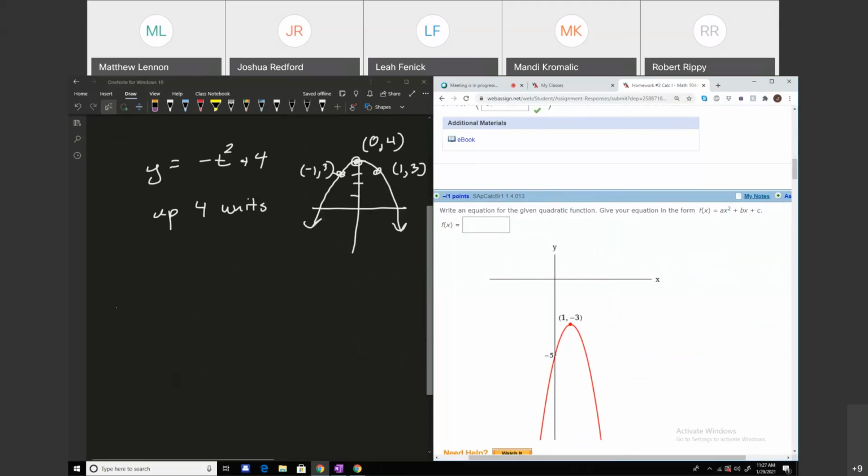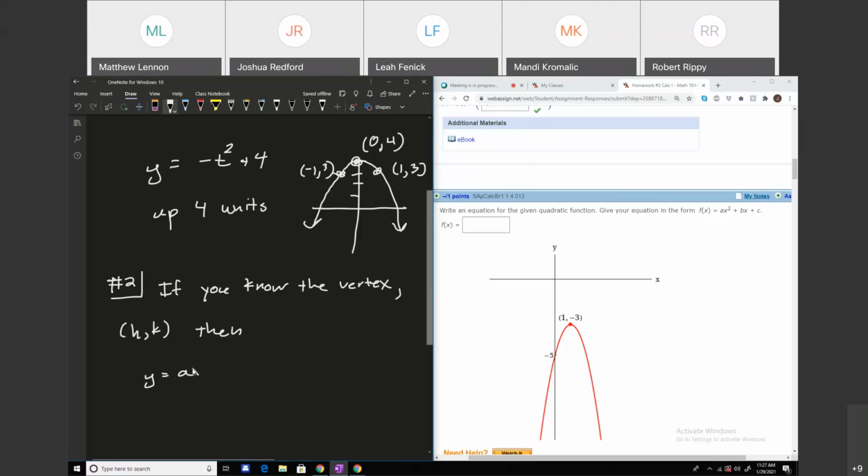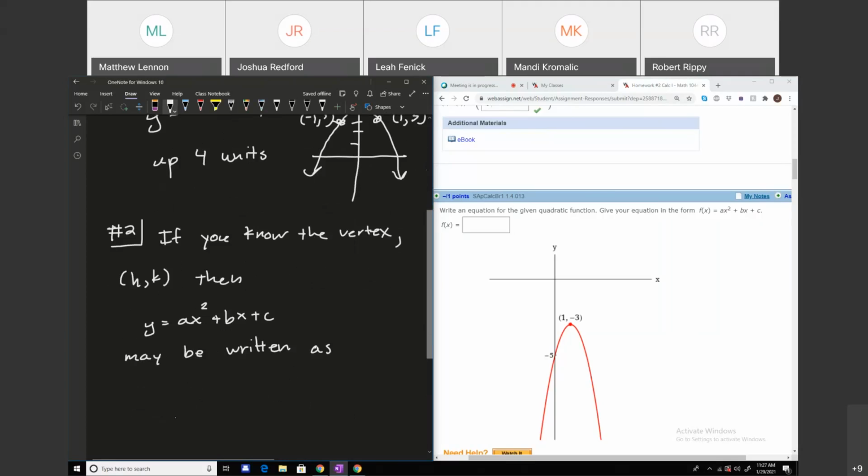So let's say if you know the vertex, and let's say it's h comma k, then y equals ax squared plus bx plus c may be written as y equals a times x minus h squared plus k, where h, k is the vertex.